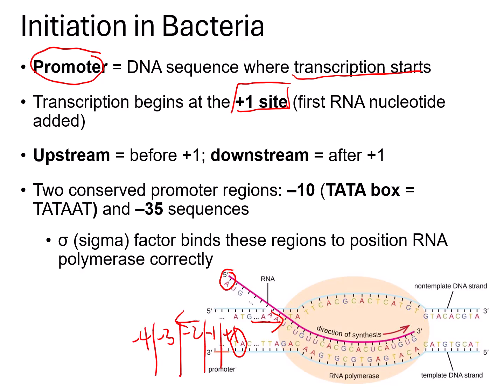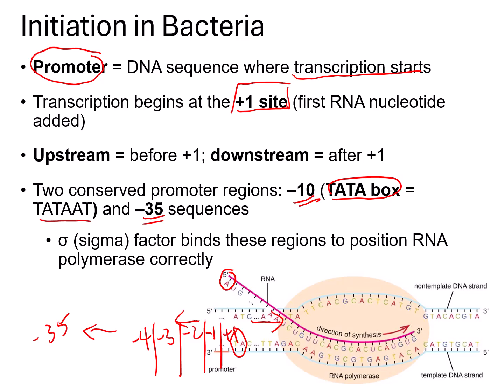There's no 0 here, so we go straight from +1 to -1. If we had more detail in this picture, we would see that at the -10 site, there would be a region with a conserved sequence, TAATA, often called the TATA box, and there would be another conserved promoter sequence at -35. So if I were to keep going all the way to -35 as well.